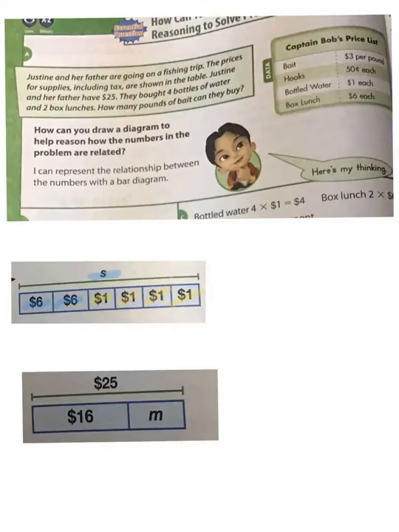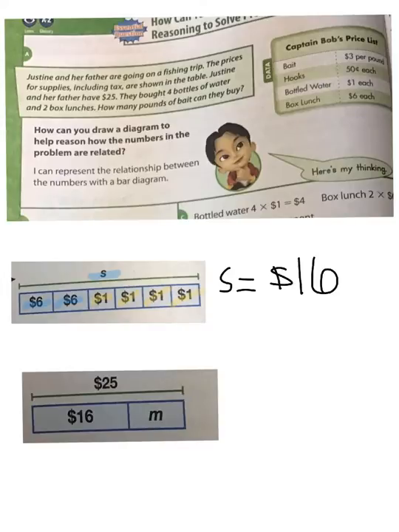When I add these numbers up on the bottom, I will put the answer on the top. So 6 plus 6 plus 1 plus 1 plus 1 plus 1 is $16. So S, which stands for the money that they spent, equals a total of $16.